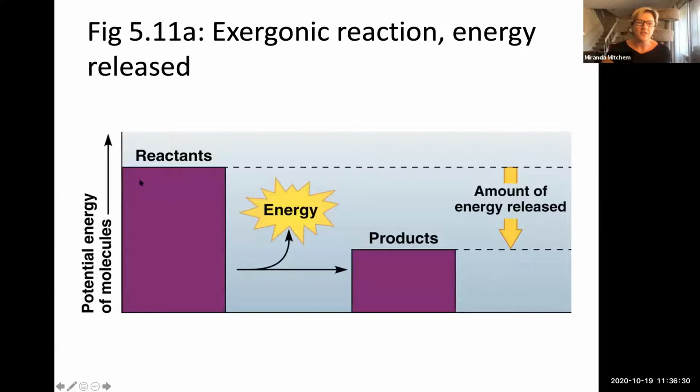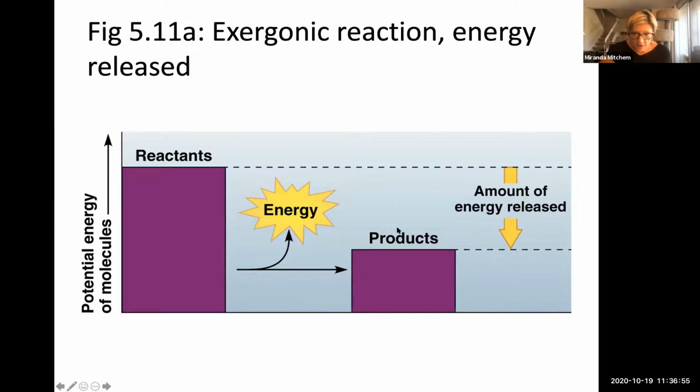So here's the typical graph of the exergonic reaction. The key features are that the reactants have more energy than do the products. On the x-axis is time or progress of the chemical reaction. On the y-axis is the potential energy. The reactants have more potential energy than do the products.